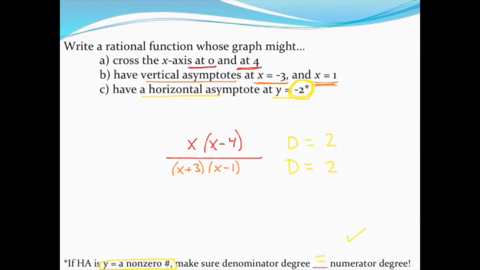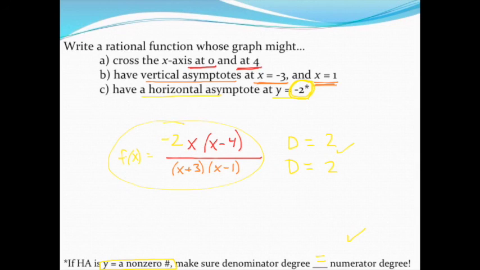The easiest way to do that is to just do -2 over 1, and I don't even really need the 1 in the bottom, so just throw a -2 on the front. Because I have that, then I have equal degrees. I would then do that cover up and divide trick we've talked about, so I would basically ignore all this and see that -2 divided by 1 is just -2. So let me just throw an f of x equals in front here, and then there's the equation of this rational function.